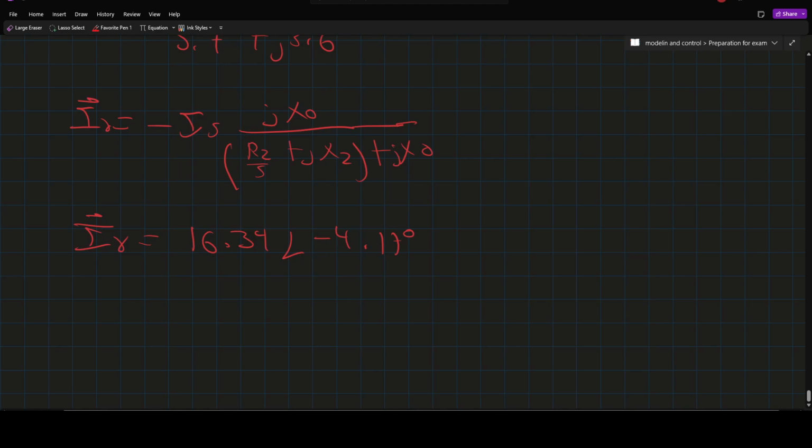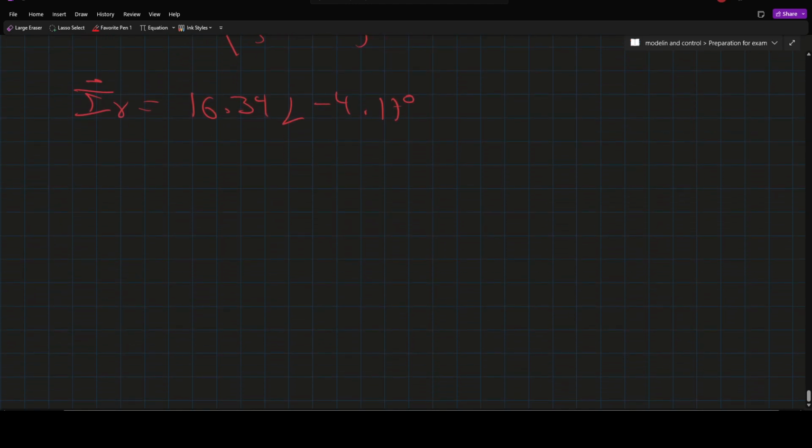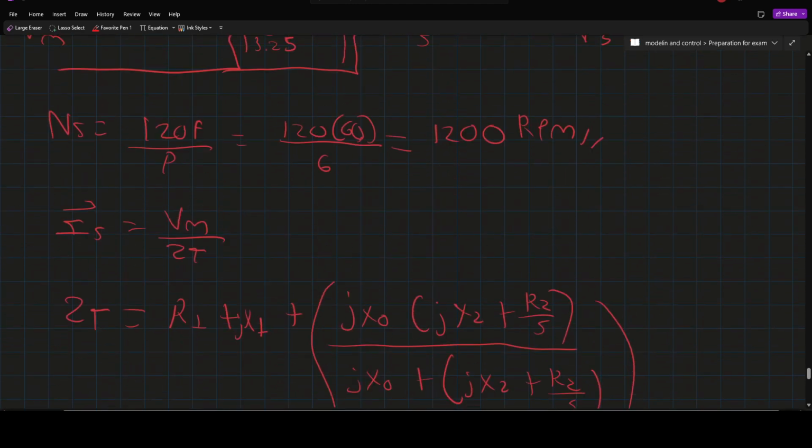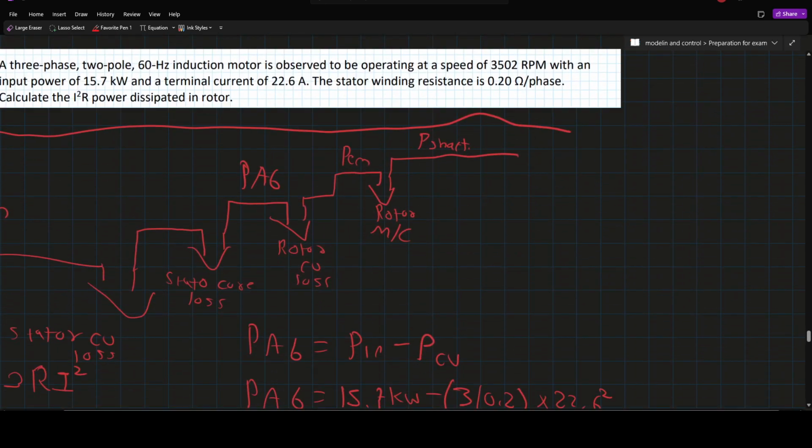Okay, so if we go back to our power flow, we can see that we need the output torque and power. We need our output power.